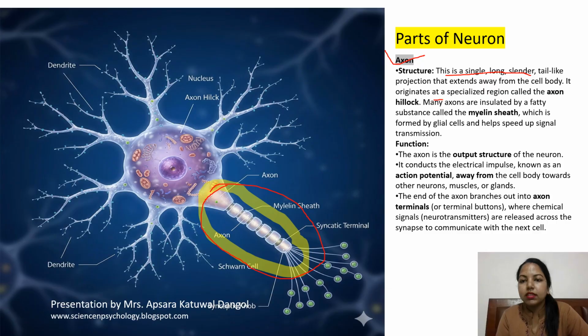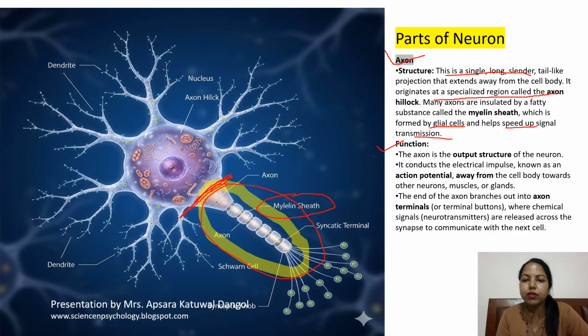It originates at a specialized region called the axon hillock, and many axons are insulated by a fatty substance called the myelin sheath, which is formed by glial cells. It helps in speeding up signal transmission.